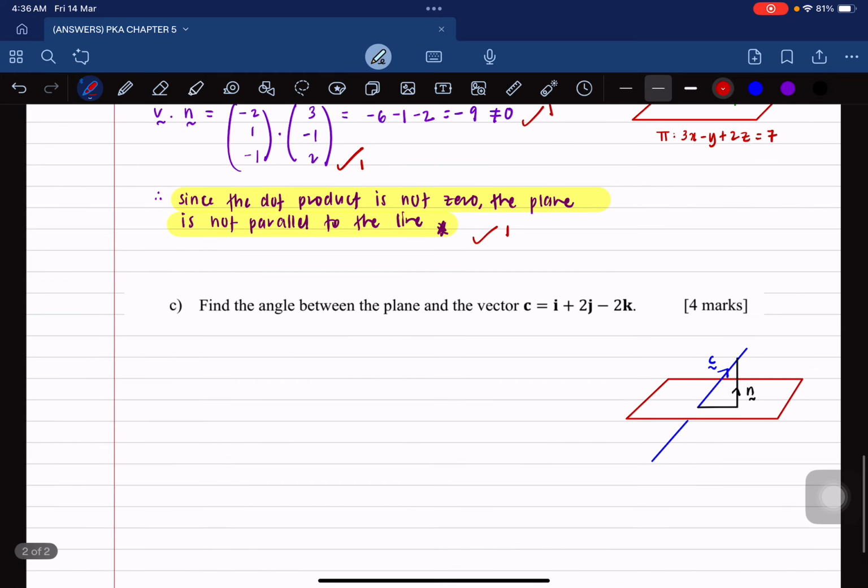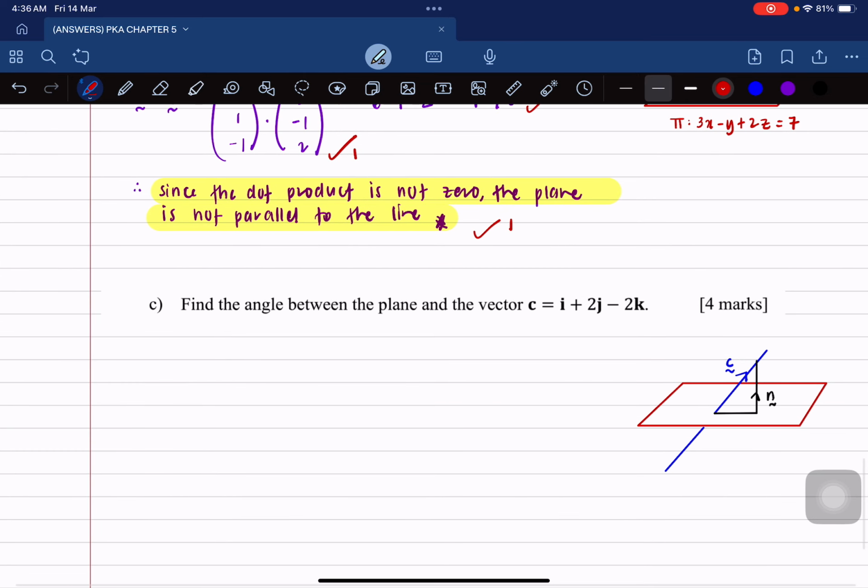So for the last part, find the angle between the plane and the vector c. Let's say this is our vector c and this is our normal vector from the plane. We're gonna need to find this angle theta.